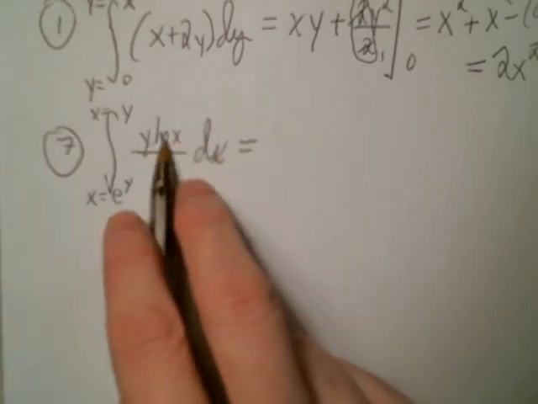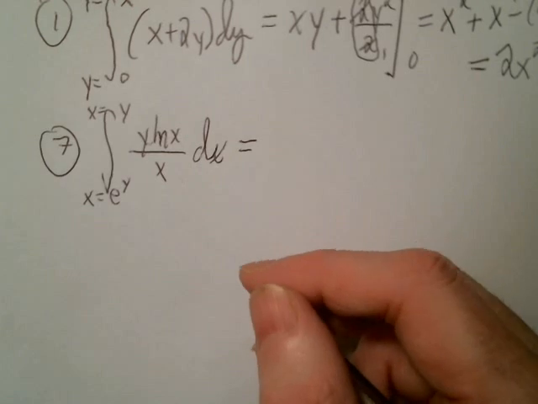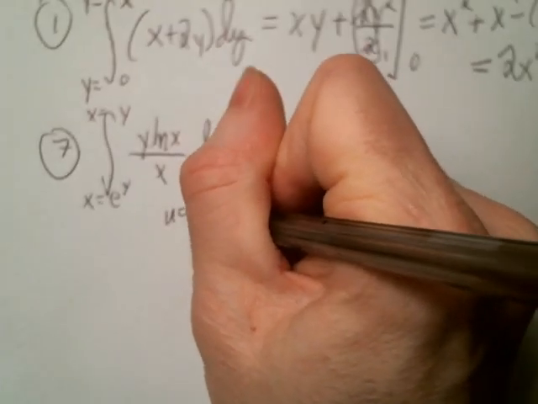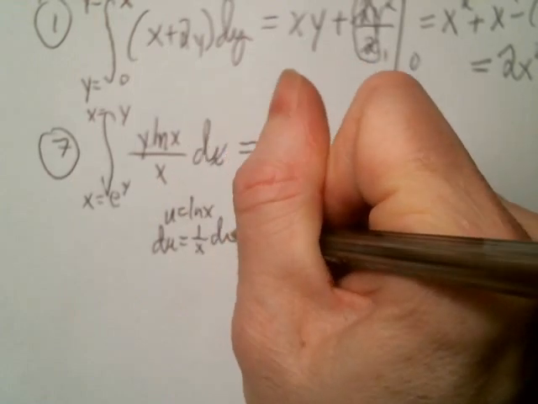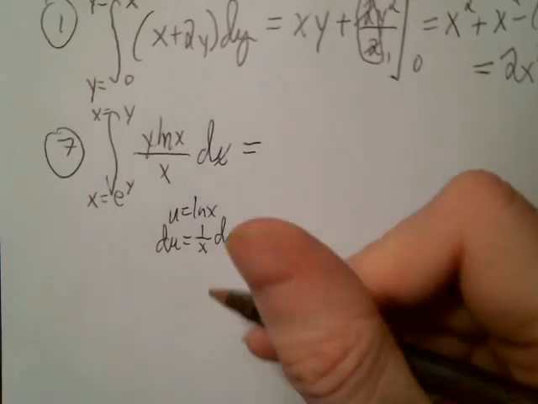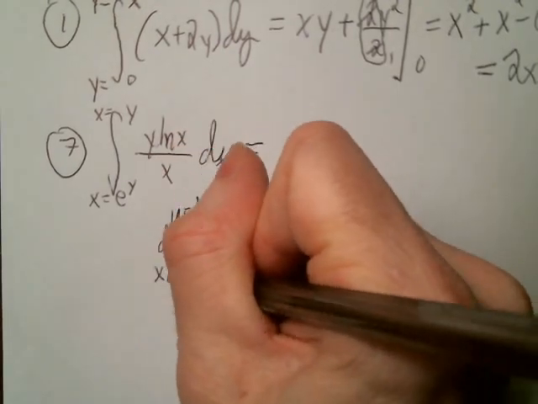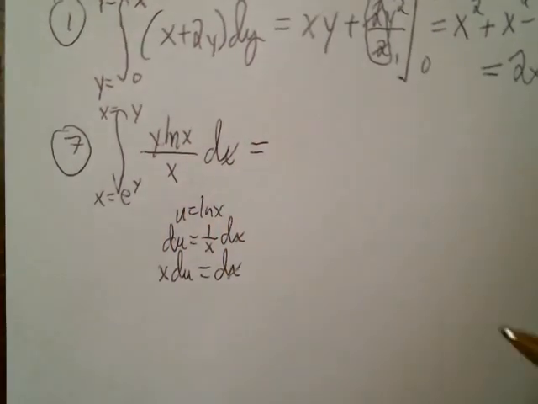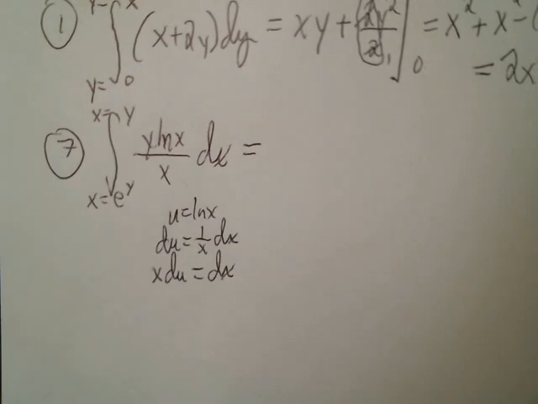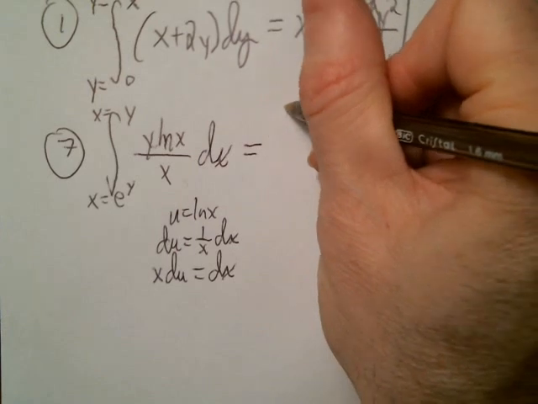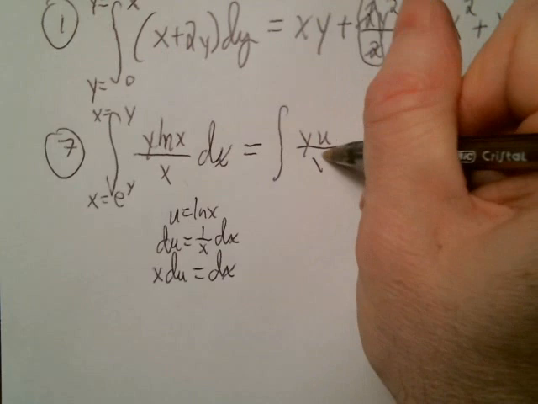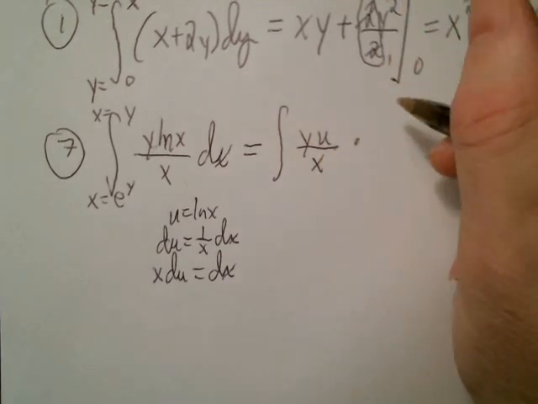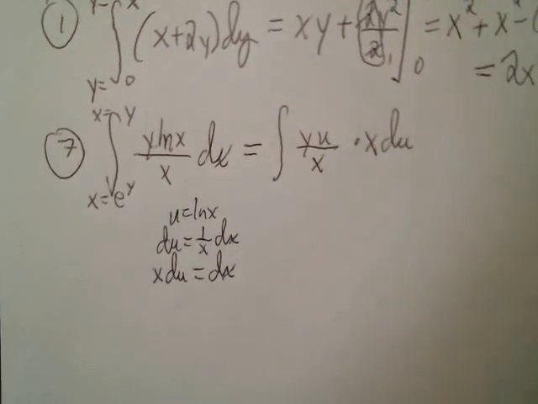In order to integrate this, I need to do a U-substitution. Right? So I'm going to let u equal the ln of x, and then du is 1 over x dx. Right? I'm going to multiply both sides by x, and I get x du equals dx. Okay, so I have then the integral of y times u all over x times what our dx is now, so it's x du.